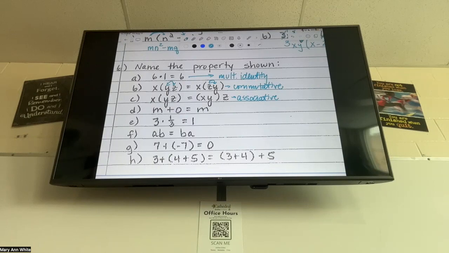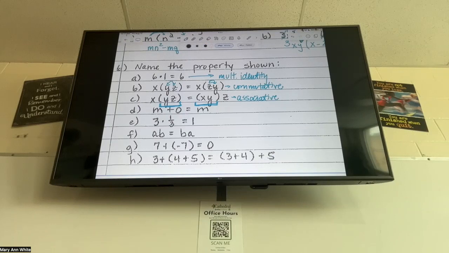And then associative, it kind of sounds confusing, but you change what's in the parentheses. I like to think about associative as what is being grouped together. In the first one, Y and Z are being grouped together. In the second one, X and Y are being grouped together. So you're regrouping the things that are together.